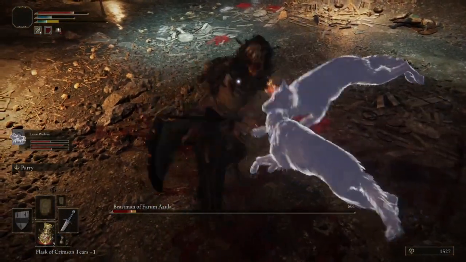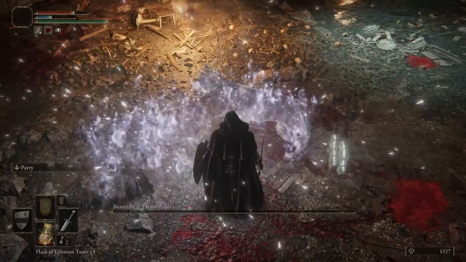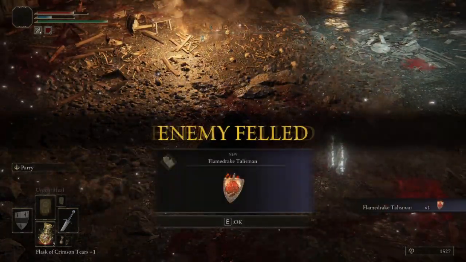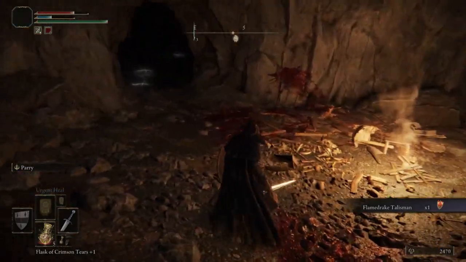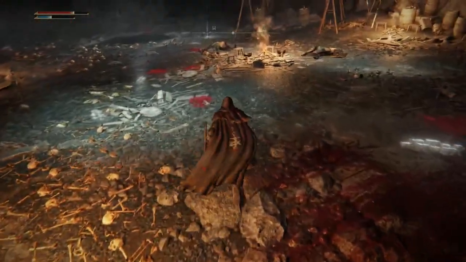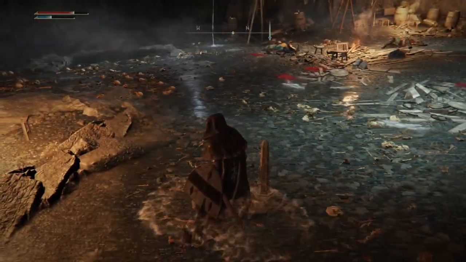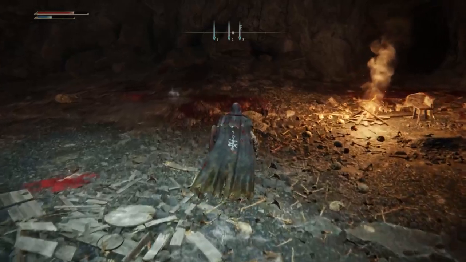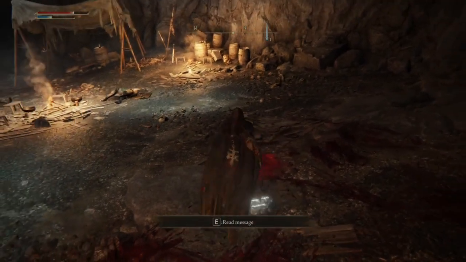Oh, I missed that. How could I miss that? Oh, please, what? I don't even understand why Claymore is so difficult to get. I literally want one thing, and that is some weapon.